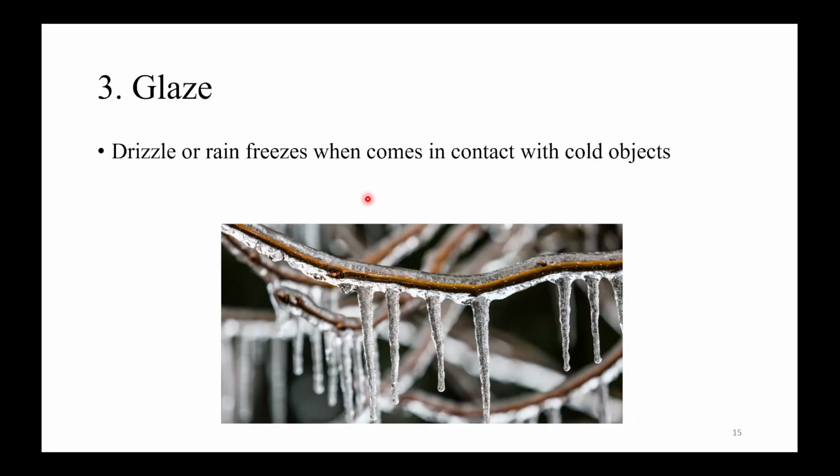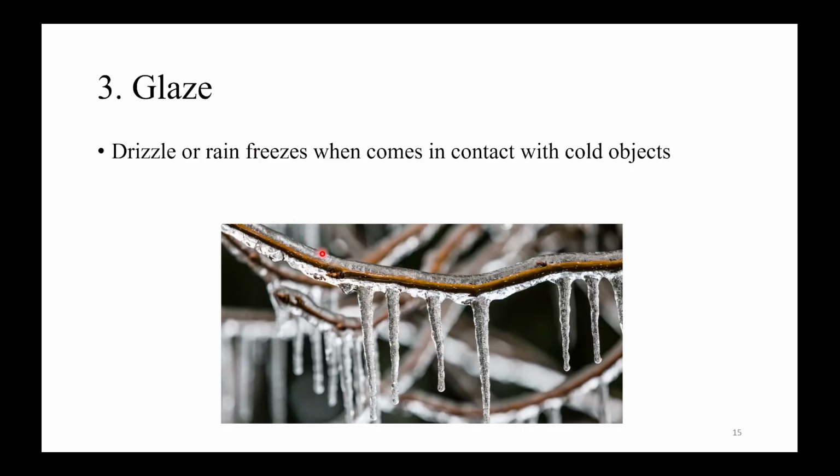Now glaze. Glaze is when the drizzle or rain, whichever it is, freezes when it comes in contact with cold objects. Especially at night, the temperature is very cool. The temperature has dropped to less than 5 degrees or so, and then all the objects are very cold, almost approaching zero at that time.